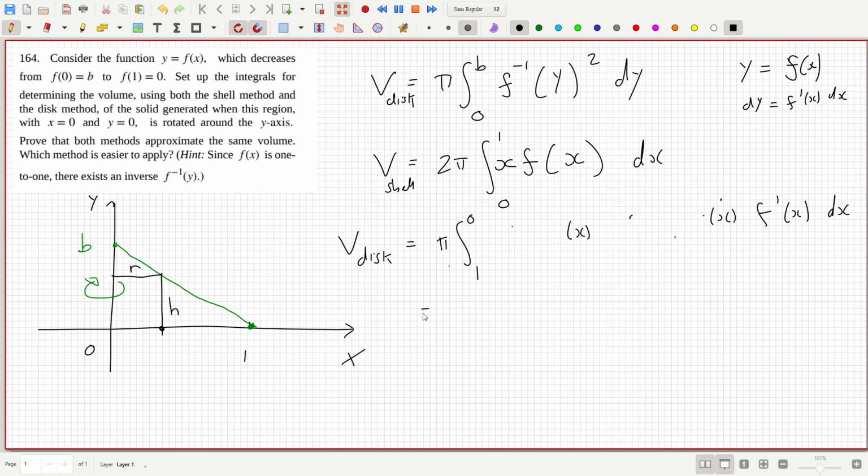So then what you have is pi, 1 to 0, x squared f derivative x dx. So I'm trying to get to this, and I'm getting closer. Except I'm annoyed that the limits are backwards. It makes me worried I made a mistake.